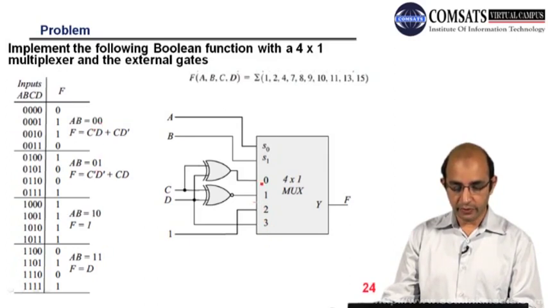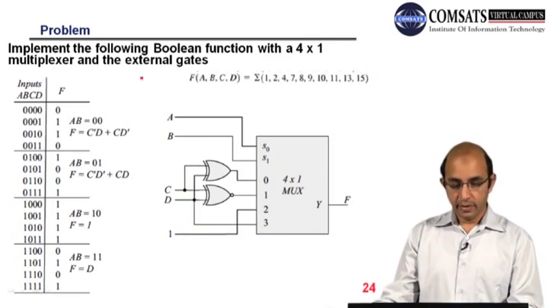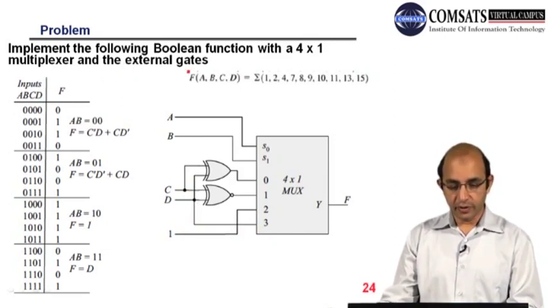So you can see that for 0 we have connected the output of this XOR gate, then this XNOR is connected to 1, for 2 we have 1, and for 3 we have D. So here D is connected to 3. So this is the implementation of this Boolean function.